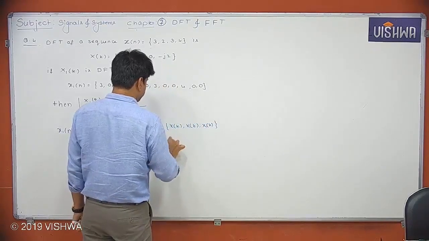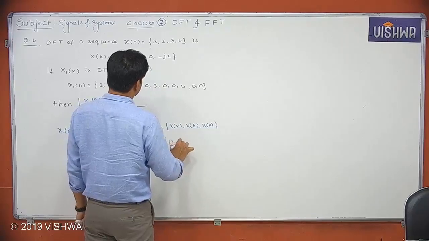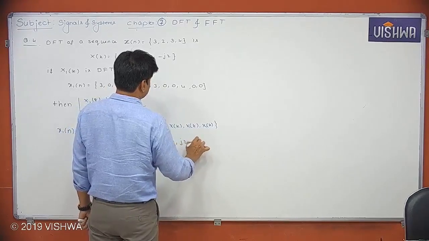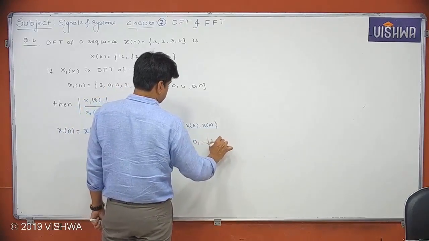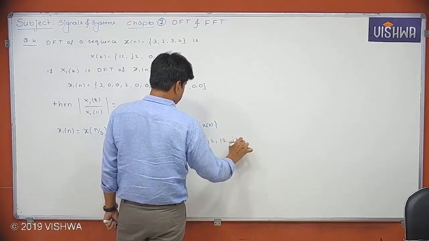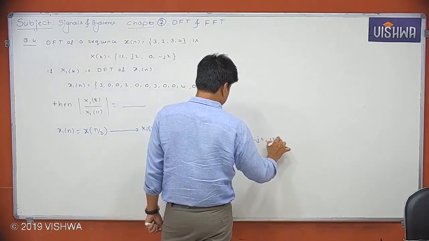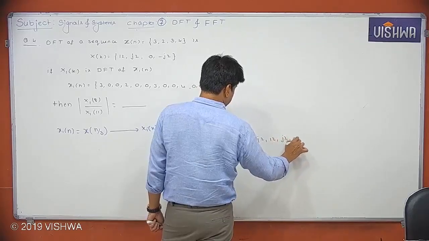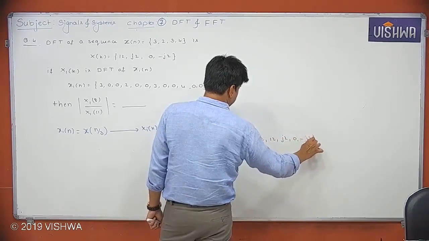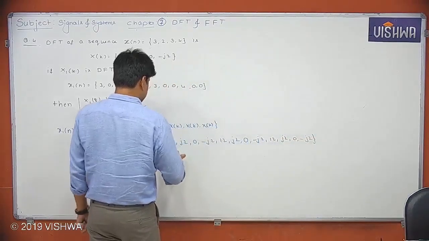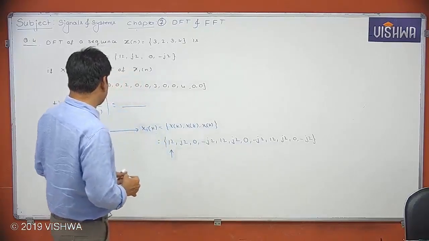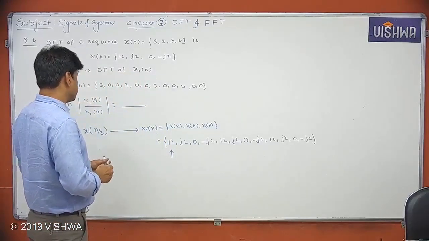So what are we going to get? 12, j2, 0, minus j, repeated three times. Now they want to calculate x1 of 8 divided by x1 of 11.